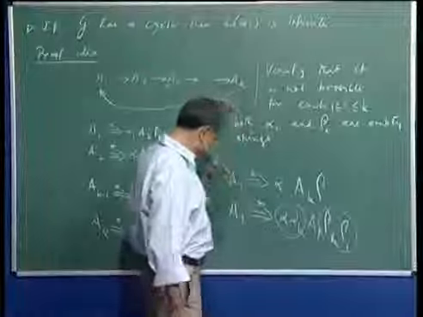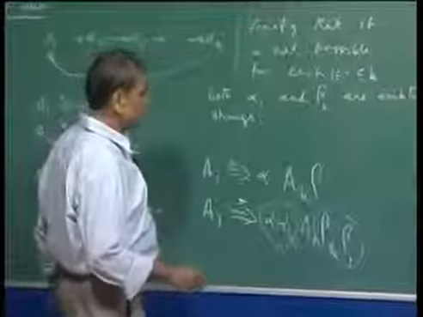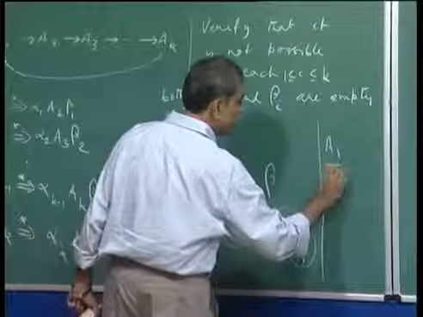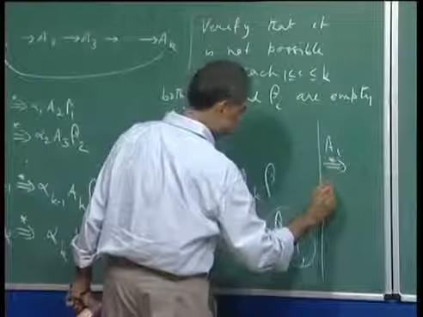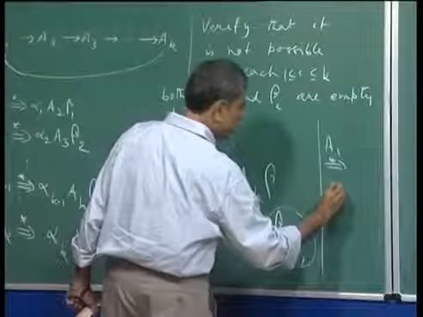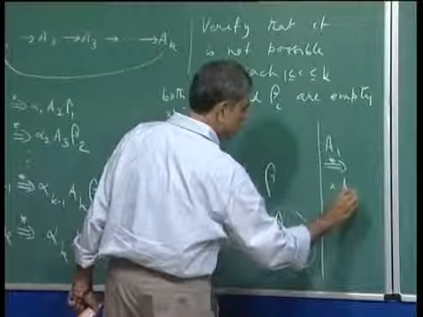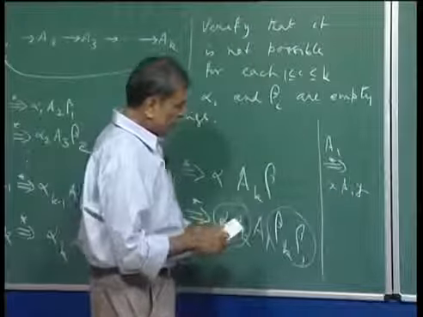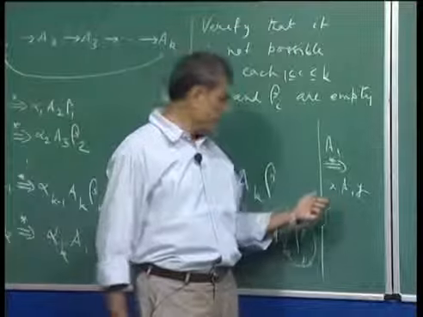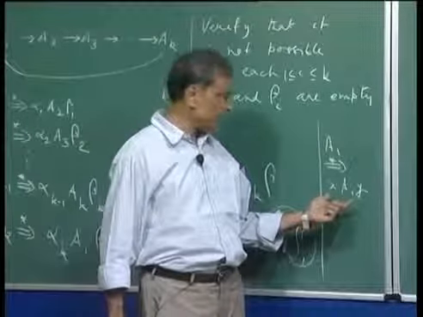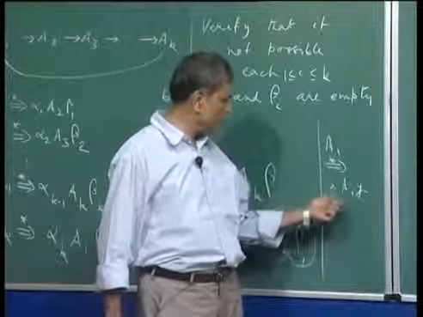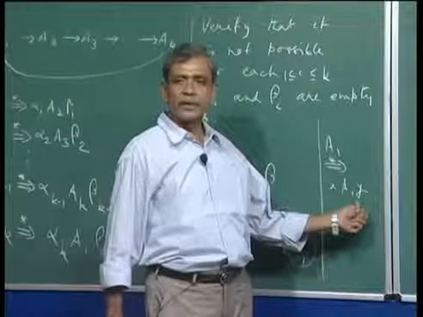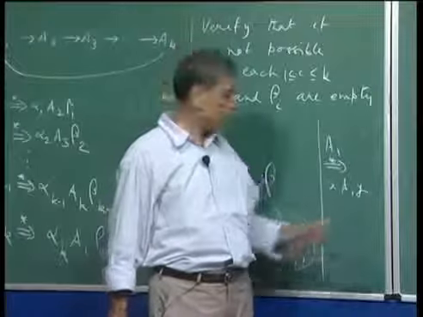So, in that case what it means is that I will have A1 deriving something, let us say x A1 y. Finally, I should be able to find terminal strings x and y such that A1 derives x A1 y, where both x and y are not empty, right.